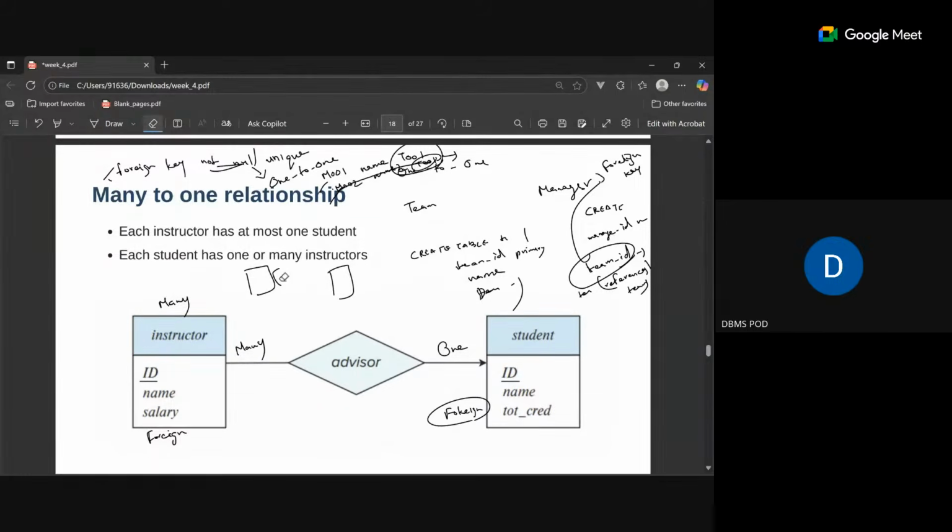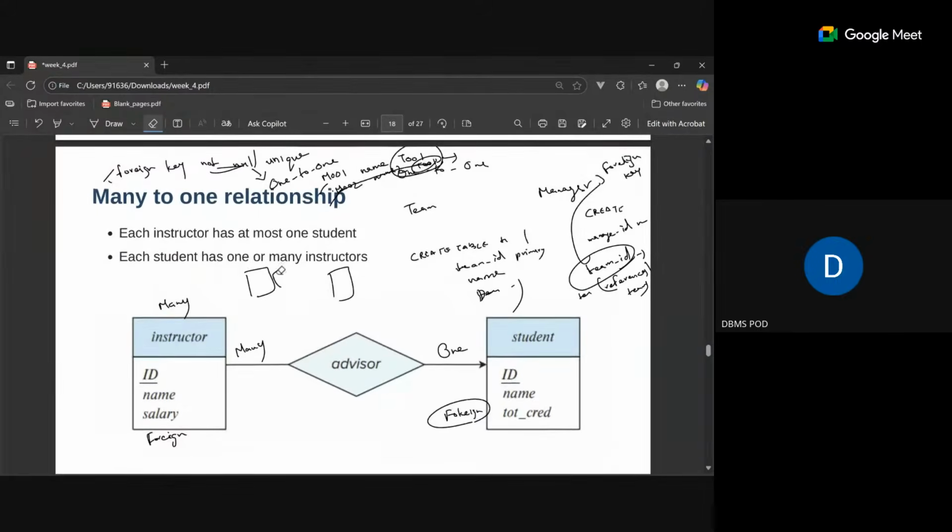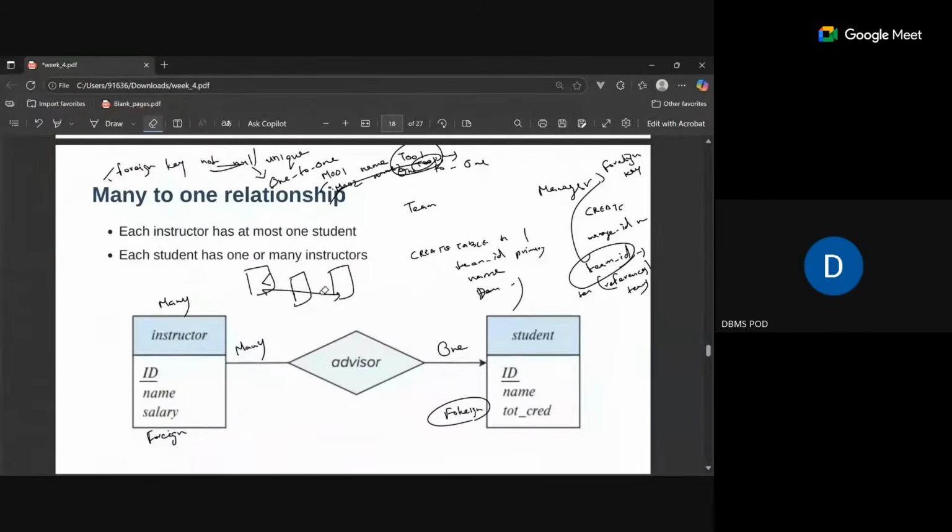For many-to-many, you need a two-way connection, because this is linked to this table and this is linked to that table, which is practically not feasible. That's why the intermediate table comes into the picture, so that these two relationships won't link directly between those two tables.